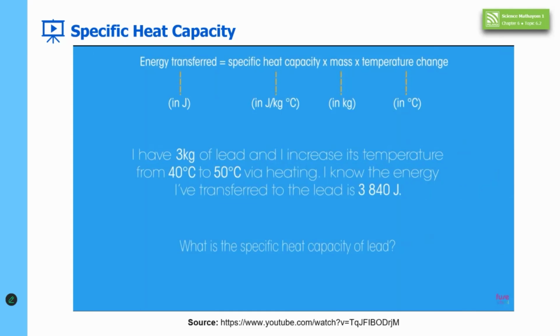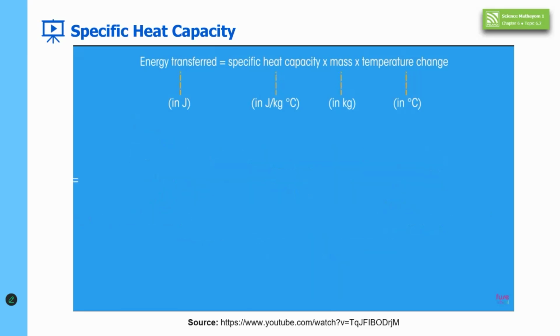How did you get on? The energy transferred is this, the mass is this, and the temperature change is 10 degrees Celsius, because it's this, take away this. Using the rearranged equation, substitute in the values and we get 128 joules per kilogram Celsius.